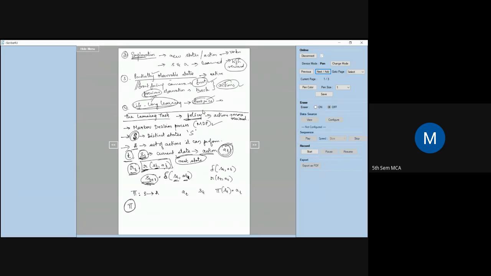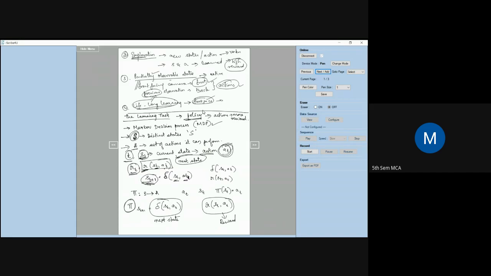That means we have used two functions here. You observe, one shows the next state, the ST plus 1, which I have shown as delta of ST comma AT, and then I have shown R of ST comma AT. What does this indicate? It indicates the reward that is given, and the other indicates the next state.